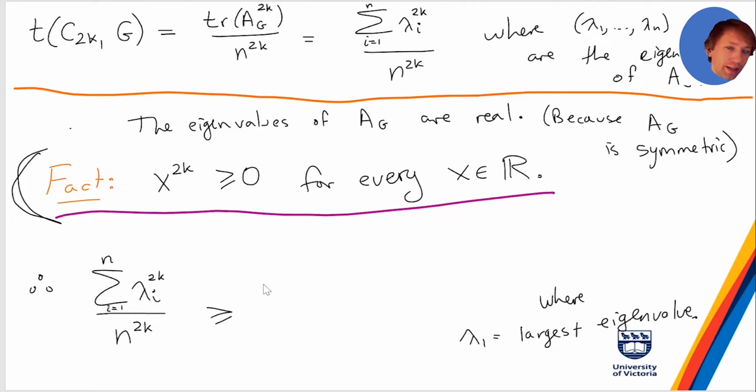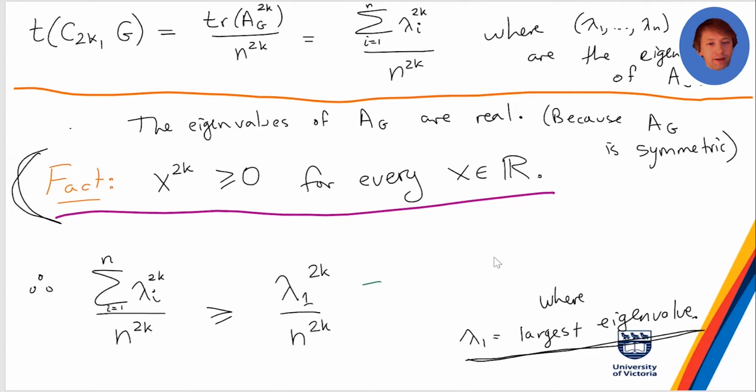What I can do here is lower bound this expression by just taking the biggest eigenvalue. Let's say I let lambda 1 be the largest eigenvalue. I can say that this whole sum on the top is at least lambda 1 to the 2k, and I've got the same denominator. Yeah, if I was trying to multiply this by n or something, it'd be the other way around.